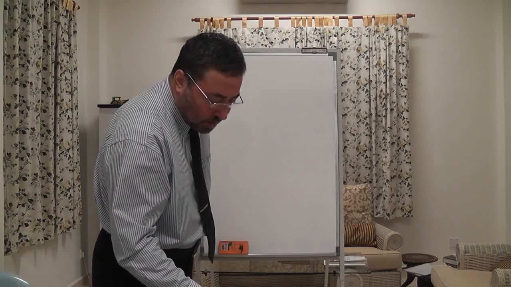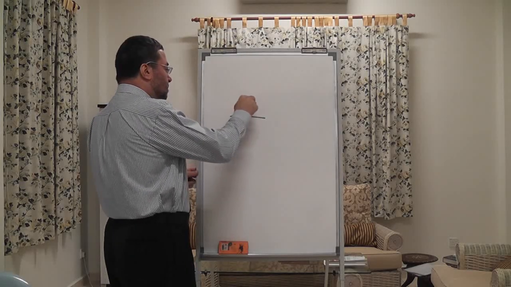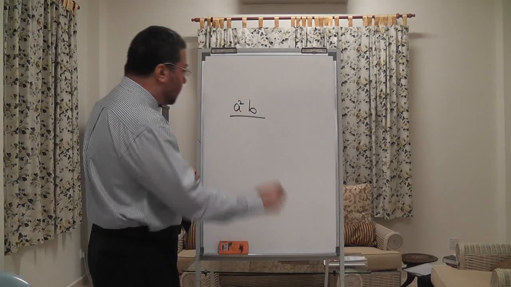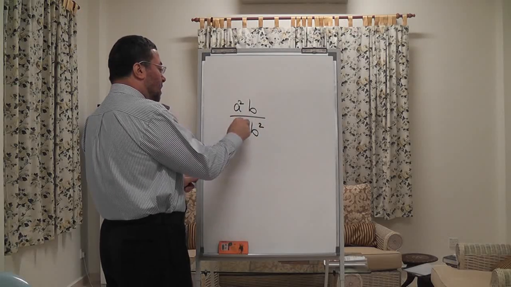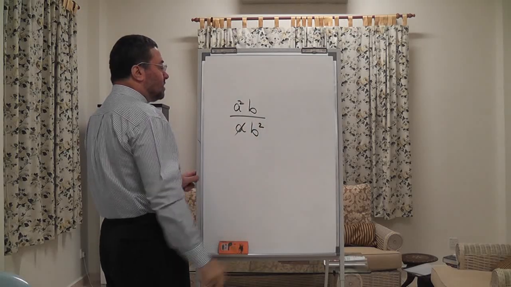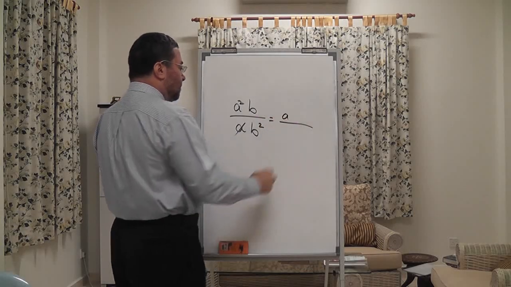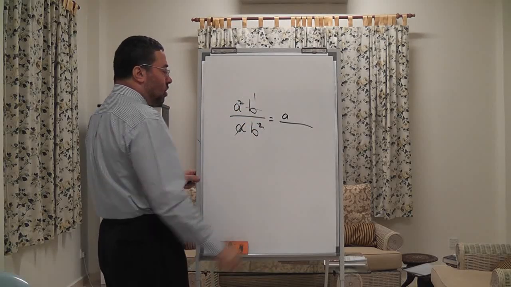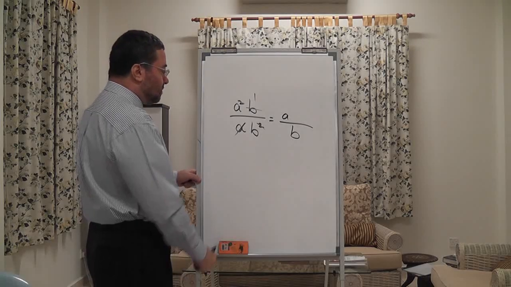Number 6, a squared b divided by a b squared. Here this a cancels one of the a's in the numerator, so on the numerator we are going to have a, and here this b cancels one b from the denominator, and we get this as our answer.